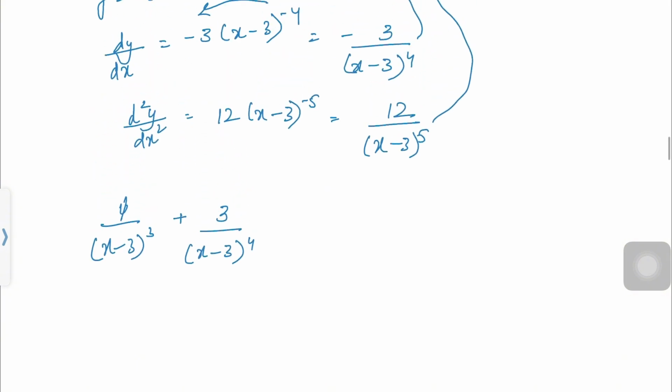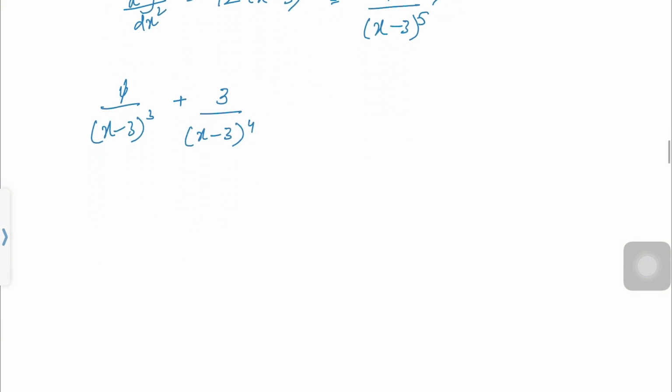Minus would be multiplied by minus 3 here, so this would give us plus 3 over (x minus 3) to the power 4. And then minus 1/3 multiplied by 12 over (x minus 3) to the power 5. This would be cancelled to give us 4.